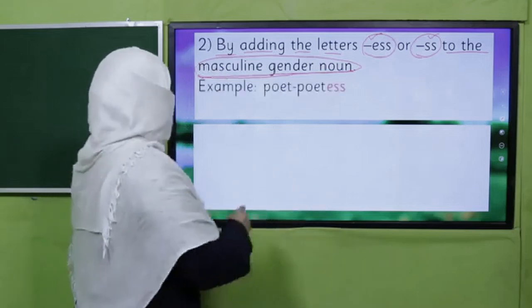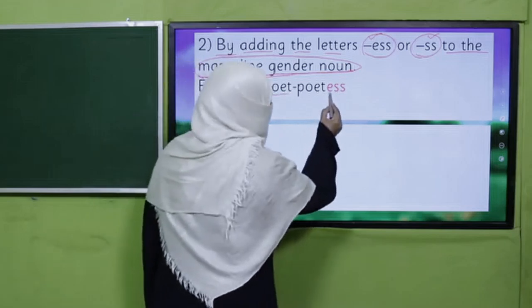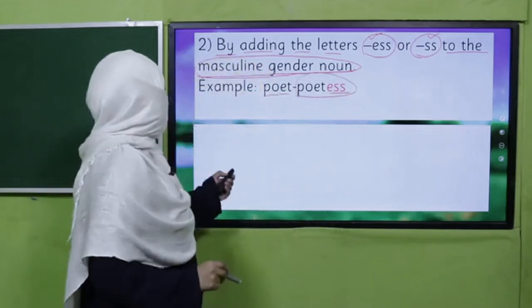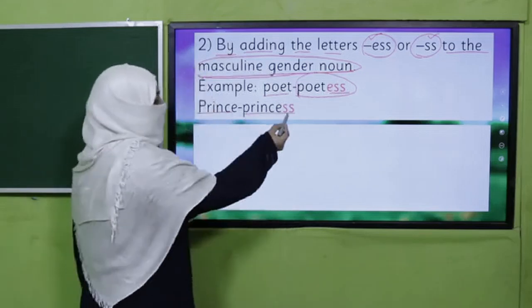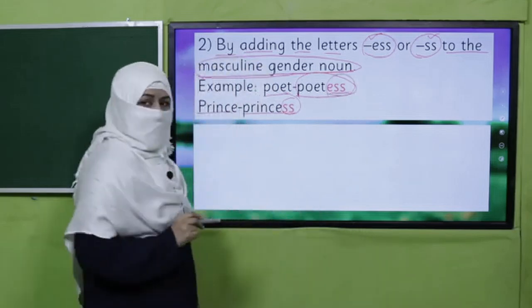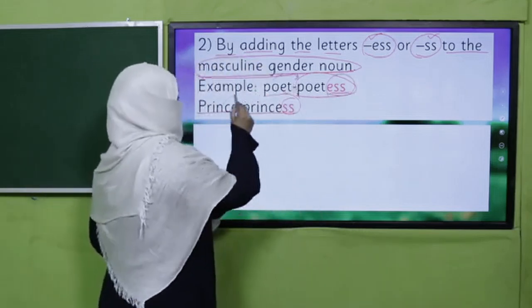For example, poet. Poet is a masculine noun. When I add ess, it becomes poetess, which is a feminine noun. Prince, princess. Here I have added double s. Here I have added ess. So this is how I'm converting a masculine to a feminine.